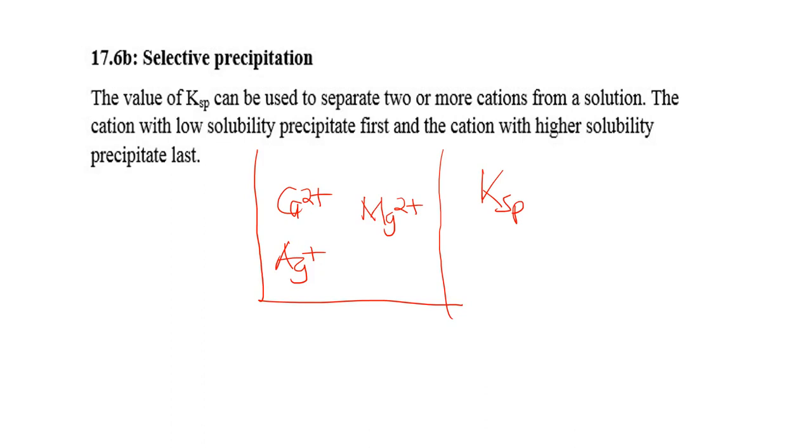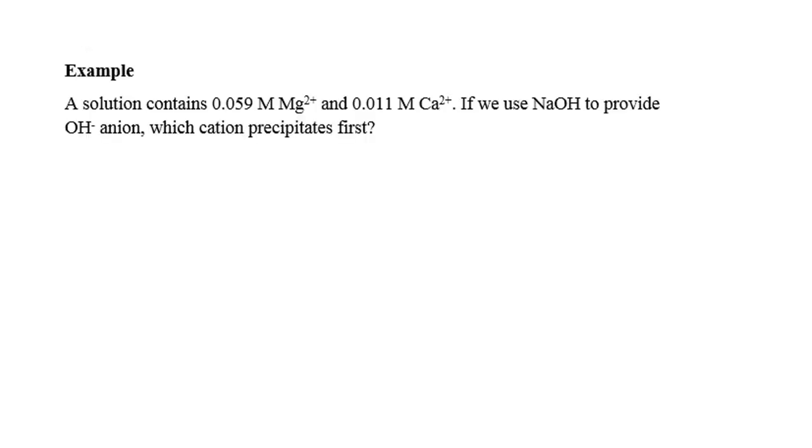So KSP is really important for separating two or more cations from a solution. Let's look at an example that will give us an idea how this is done.